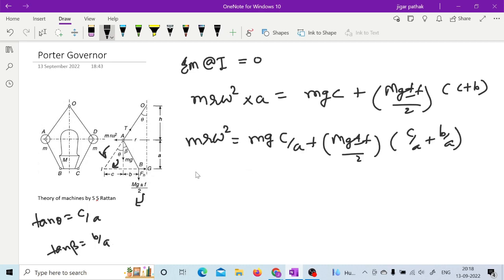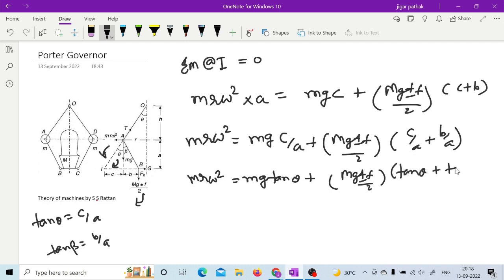So you can write that m r omega square is equal to mg tan theta plus mg plus or minus f by 2 into tan theta plus tan beta.